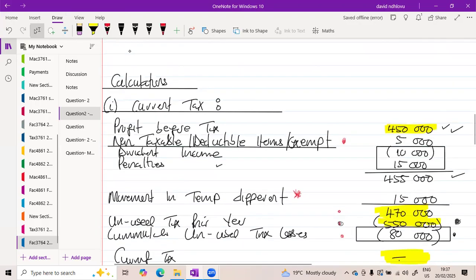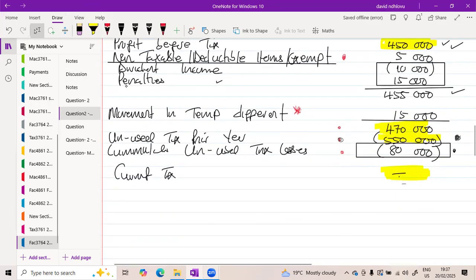Right, if you don't treat the foreign income as exempt, which means you remove it from here, it will go all the way up to the current tax calculation. So that when you calculate your tax at the end of your current tax calculation, you will also be calculating a portion of tax on the foreign income.